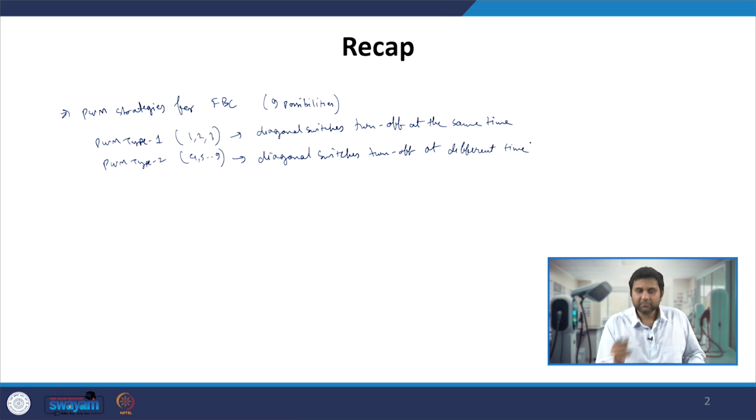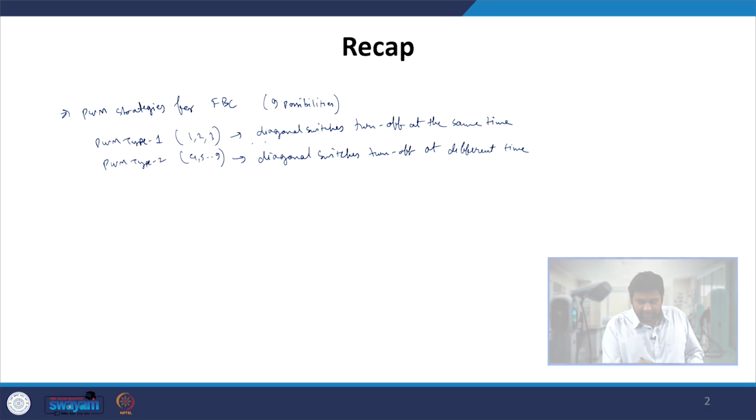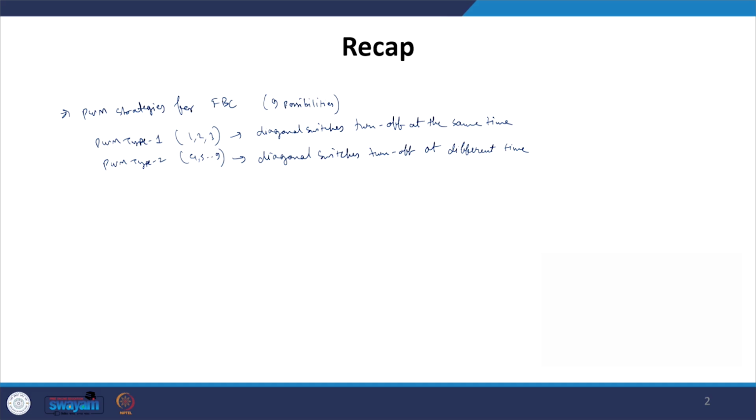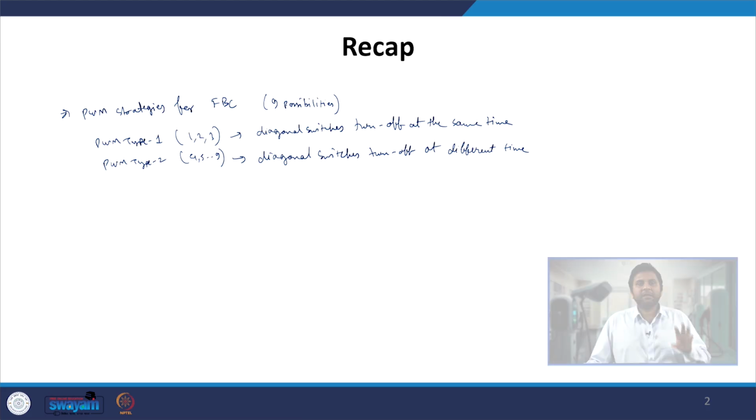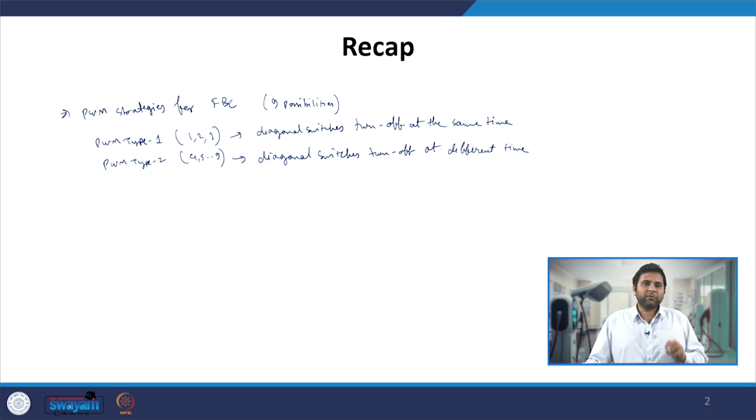Because of these two things, in type 1 we had zero voltage switching during turn off. However, we were not getting ZVS when turning on all 4 switches. That means the possibility of achieving soft switching is very minimal, or not possible, in type 1 PWM where the diagonal switches turn off at the same time.